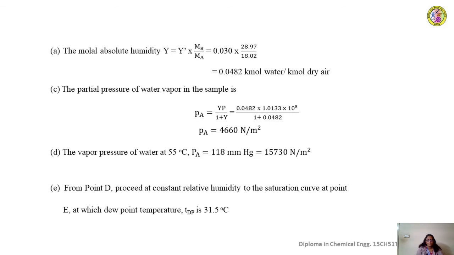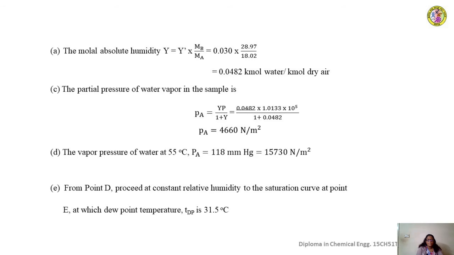You already have calculated the y value. Substitute that y value and also the total pressure, which is already given in the question. So y is 0.0482 into 1.013 into 10 raised to 5, that is the total pressure, divided by 1 plus 0.0482.